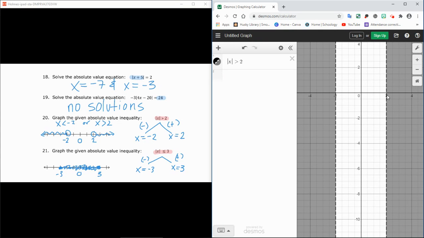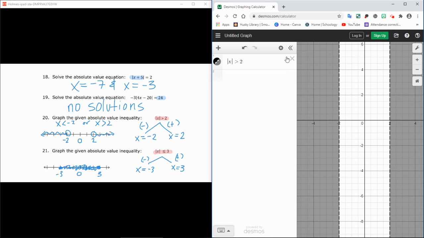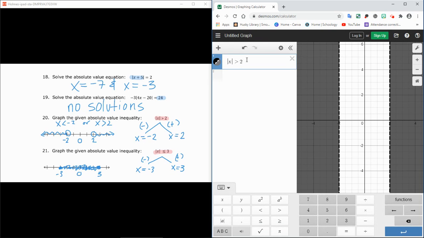See how it's like 2 and -2? Did we shade towards the outside of the number line? Yeah, that's exactly what we did right here. Now the reason why it's dotted, right, is because we have open circles at 2 and -2. And the shading goes in both directions, left and right. Let's try another one. Let's try x is less than or equal to 3.